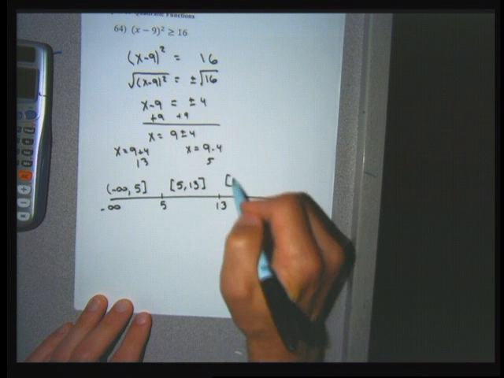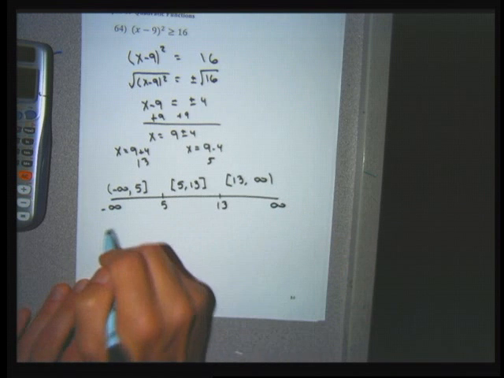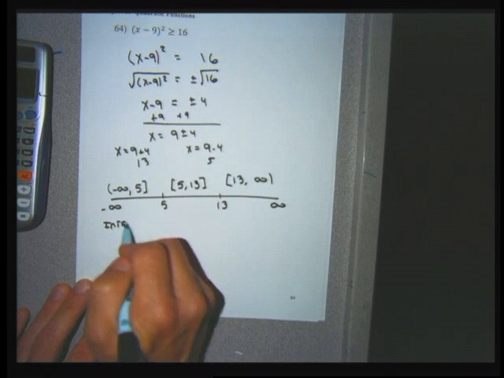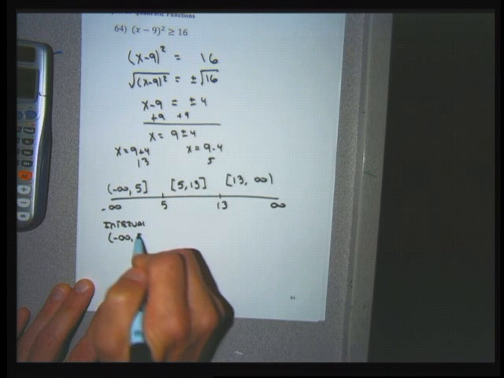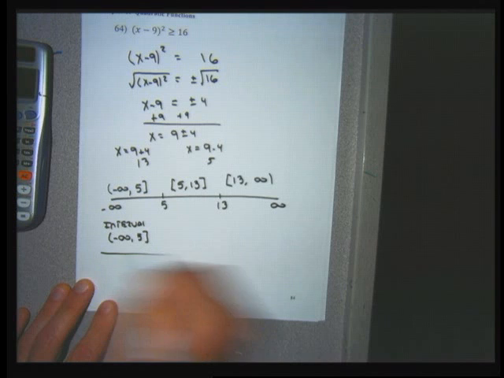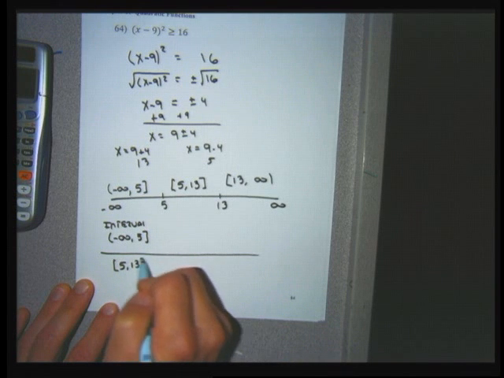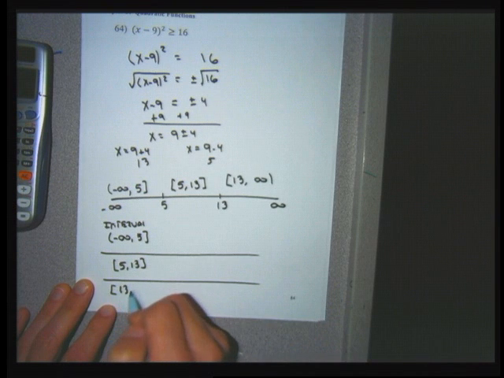The last one, positive 13 to infinity. So my table is going to go from negative infinity to positive 5, from positive 5 to positive 13, and positive 13 to infinity.